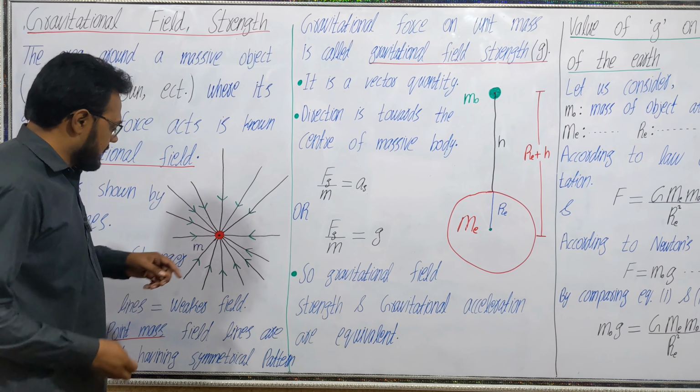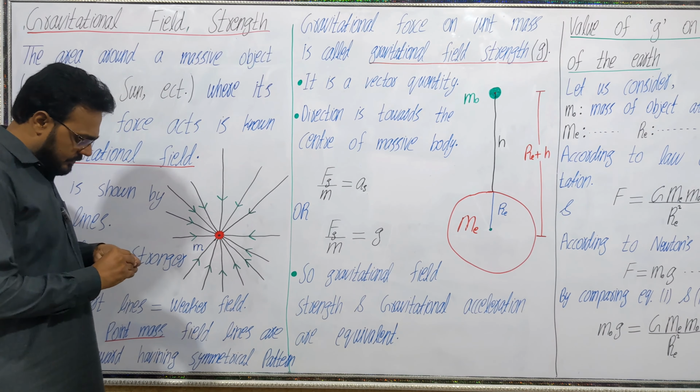Here lines are closer. In the same way for a magnet, here stronger field, closer. Here lines are further apart and the object is also further apart. So closer lines, stronger field; further apart lines represent weaker field.